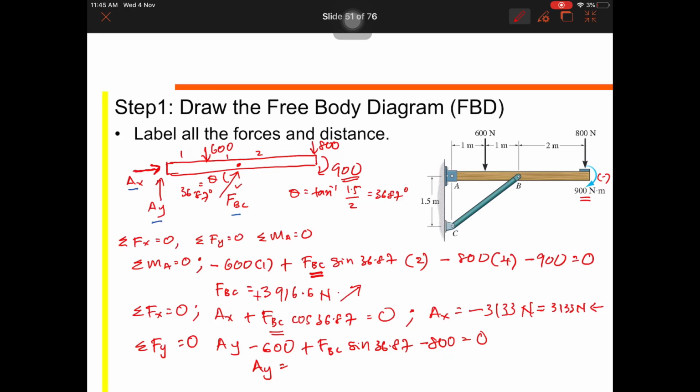So you get the answer, I think, minus 950 Newton. So you also got negative, so your direction should be this way. Alright, that's it.